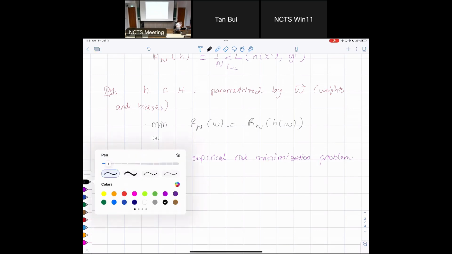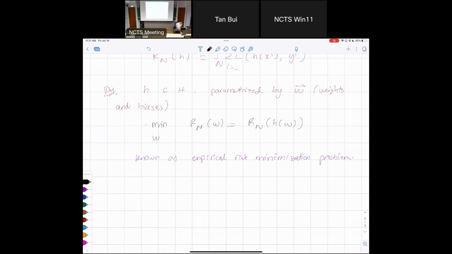We make things a little simpler by defining F of omega as the risk R_n, just to go back to our usual notation.